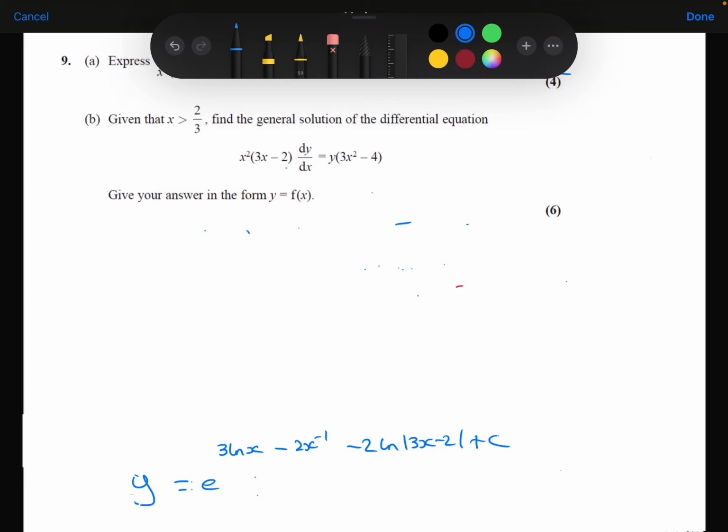Right, so I'm going to split each of the terms up on the left-hand side. So I can rewrite this as e to the 3 ln x times e to the minus 2x to the power minus 1 times e to the minus 2 ln 3x minus 2 times e to the power c.